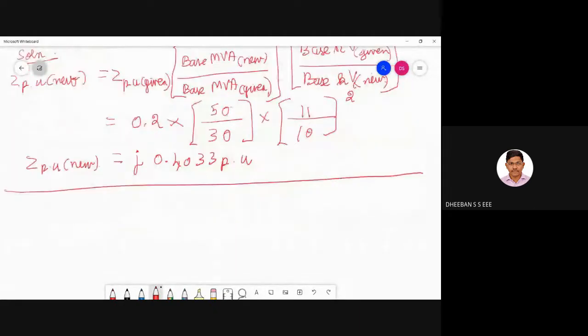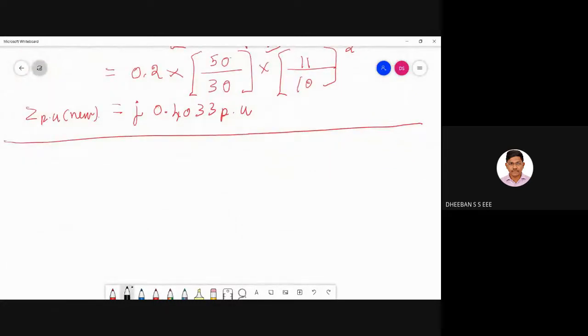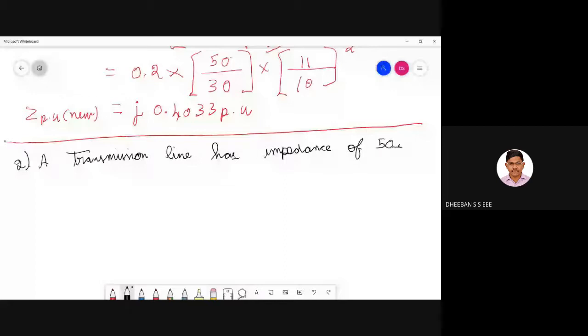And next we'll be moving to the second one. A transmission line has an impedance of, as the question says, here they have given the impedance value in ohms. If they are giving it in ohms, we'll see what kind of formula we are going to use.